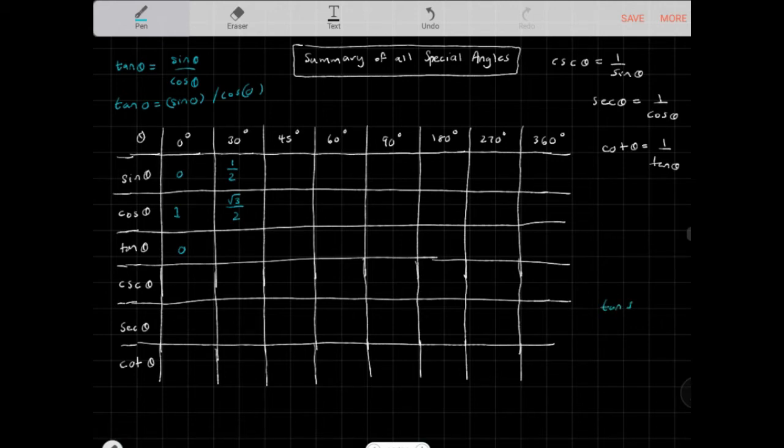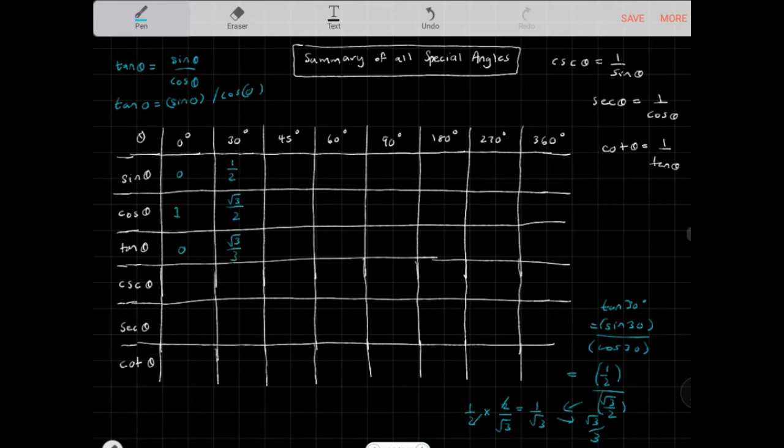So tan 30 degrees should be equal to sine 30 divided by cosine 30, which is basically equal to 1/2 divided by square root 3 over 2. If I simplify that, 1/2 times 2 over square root 3, so you actually get 1 over square root 3, which we simplified as square root 3 over 3. Right? And we know this is true because by drawing the special triangle, this was square root 3 over 3.